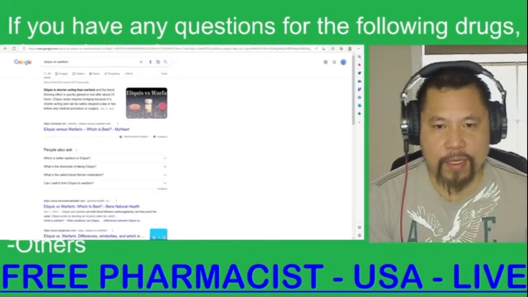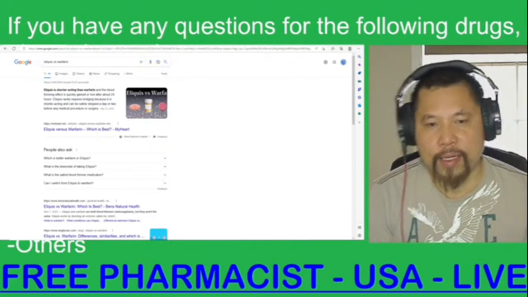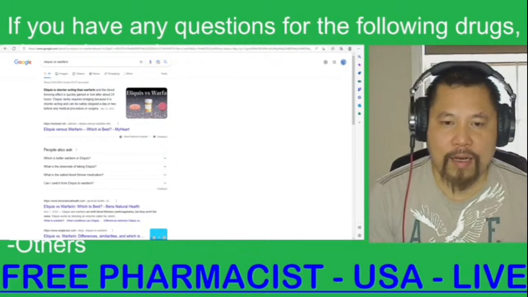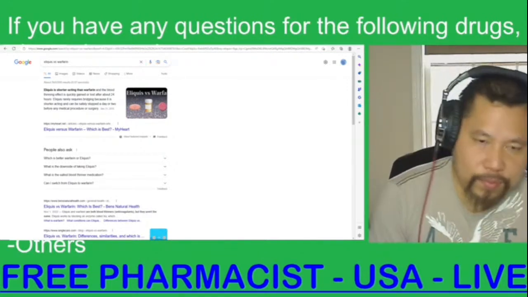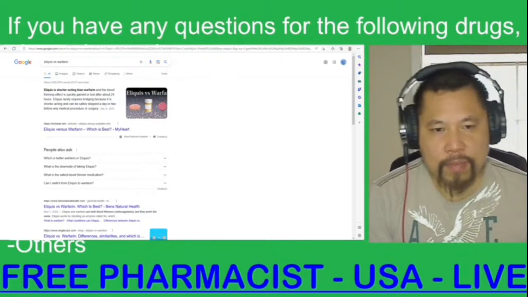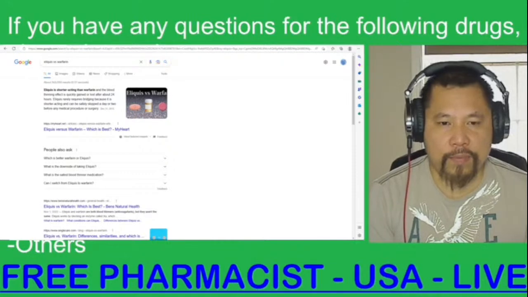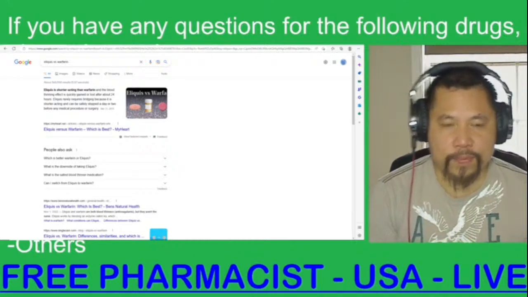But for warfarin, sometimes they confuse the dose and may take a wrong dose, and it will cause bleeding. That's one reason. The second, Eliquis may be better in terms of severe bleeding compared to warfarin for the elderly patient.